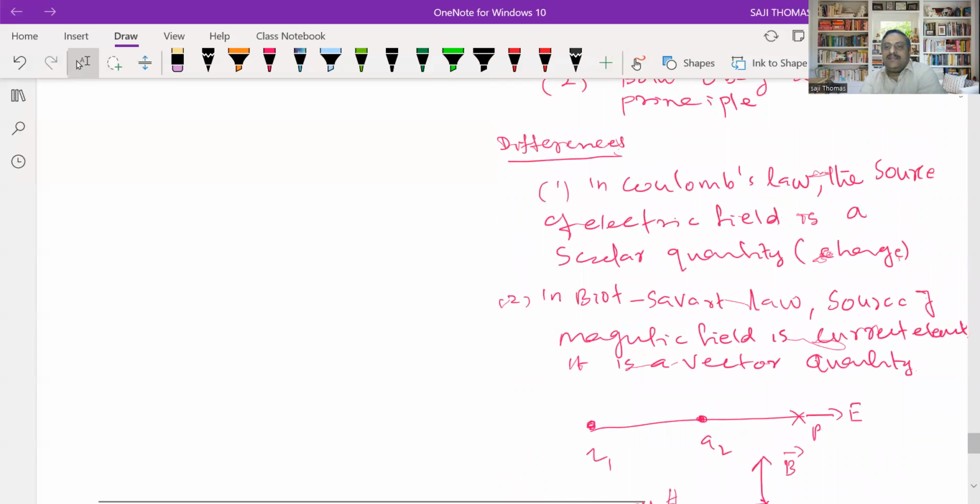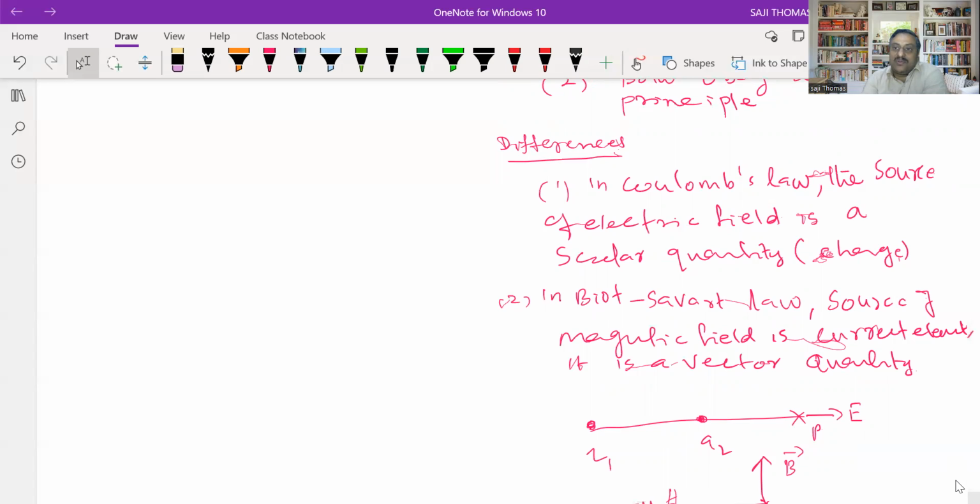So I repeat again, similarities. Both laws are inverse square laws. Second, both laws obey the superposition principle. Differences: in Coulomb's law, the source of electric field is a charge at rest, which is a scalar quantity.